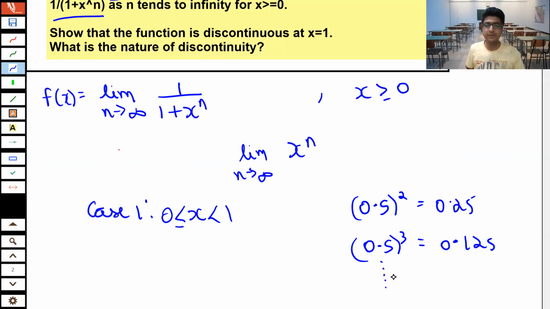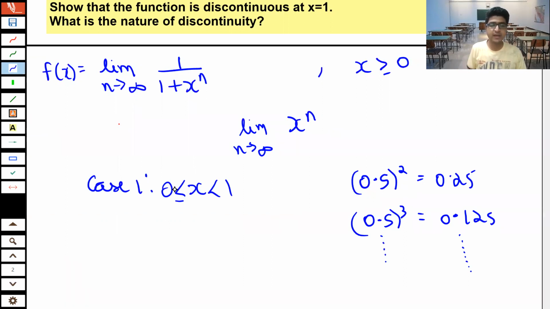So if you keep increasing the power, you will keep getting an even smaller number, and when the power goes towards infinity, this will actually go towards 0. So when x is between 0 and 1, the limit as n tends to infinity of x to the power n is 0.